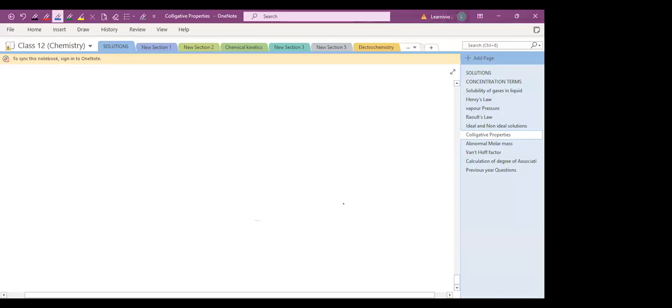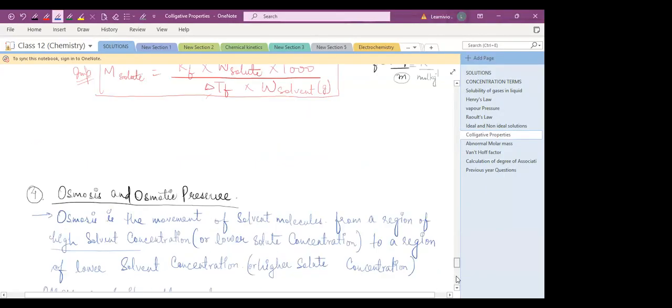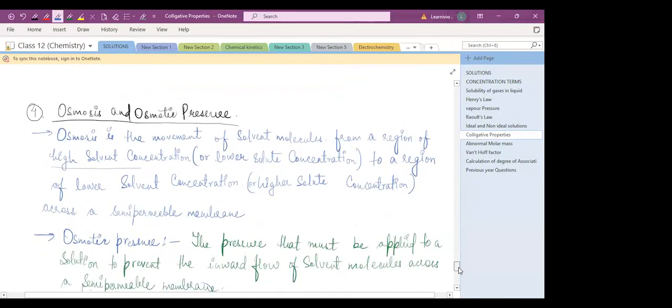Okay, so just remember. Now see, we know from the ideal gas equation that PV equals nRT, right? Now P is pressure, so here in this case, pressure is osmotic pressure. So we can substitute P as pi. This osmotic pressure is denoted by pi.